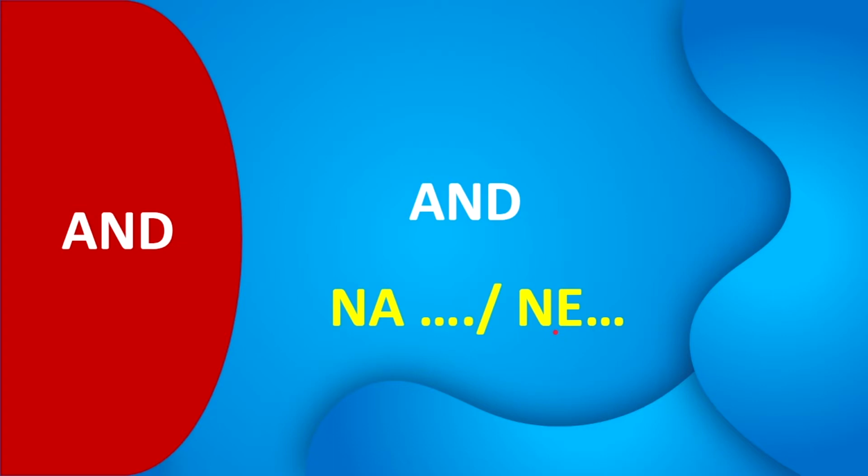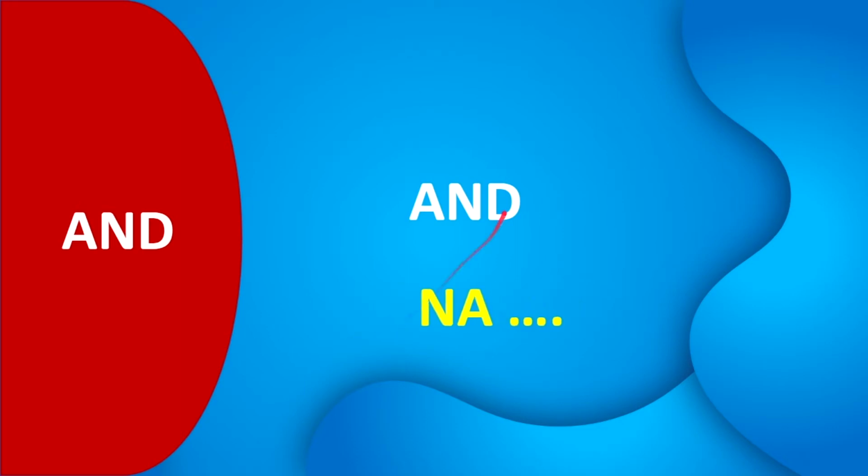So let's start with the first translation, which is the prefix "na". "And" is translated to the prefix "na" when we are talking specifically about persons. Let's say you mention names of people, or proper nouns, and you are trying to combine them or include them in a sentence.